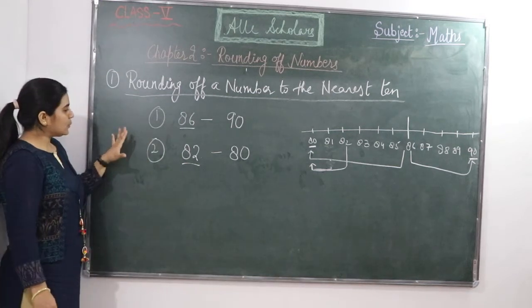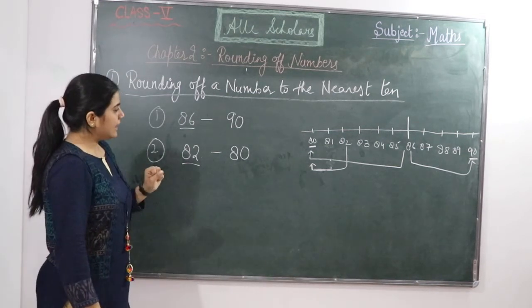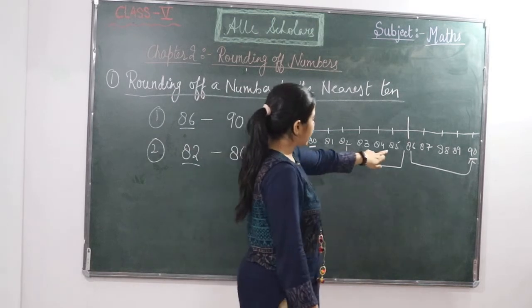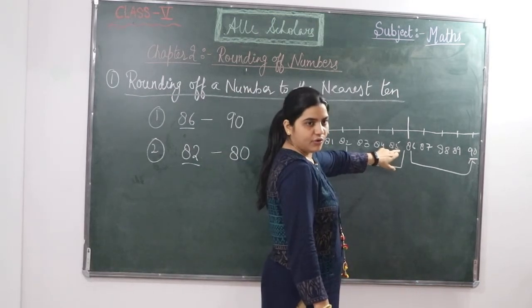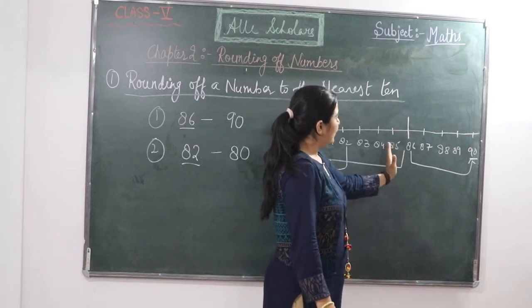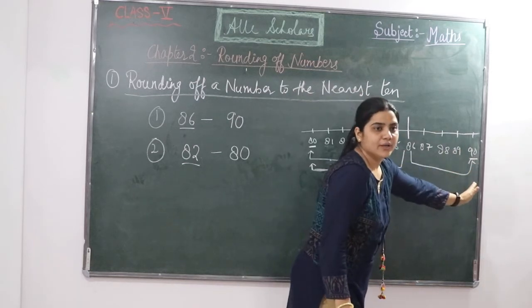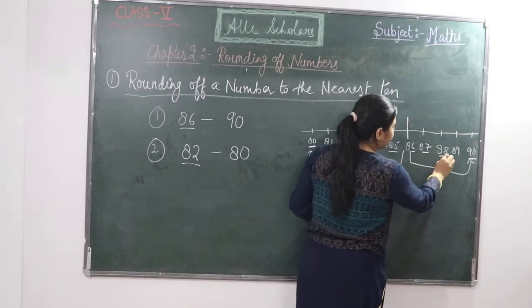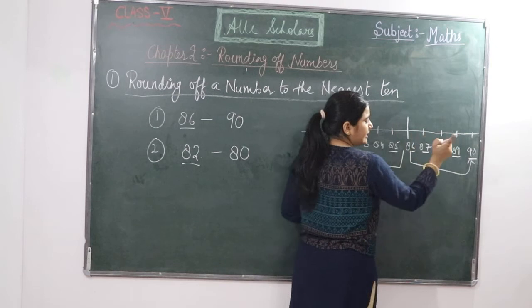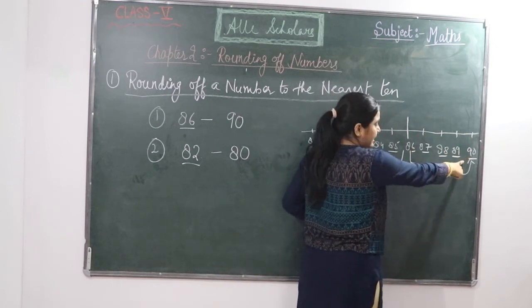So what we got to know is that if the digit at the ones place is 5 or more than 5, we take it to the greater value. For 85, 86, 87, 88, 89, the nearest 10 will be 90.